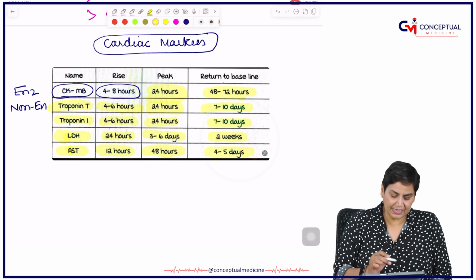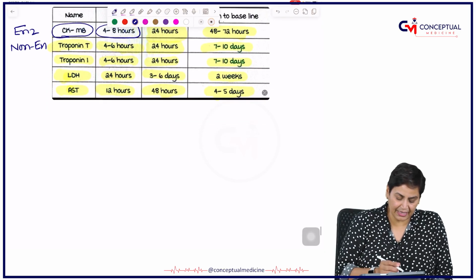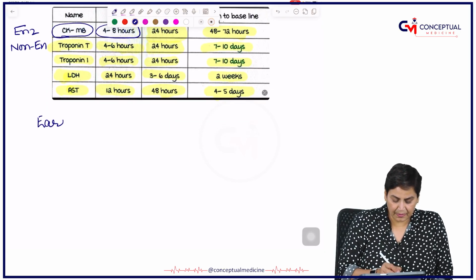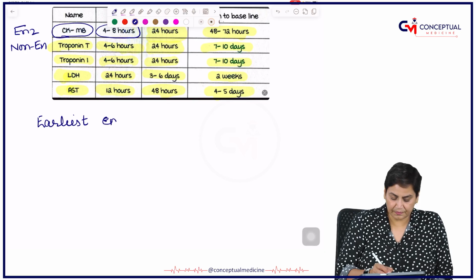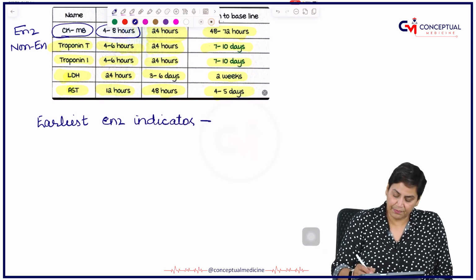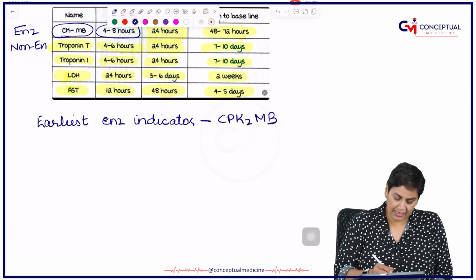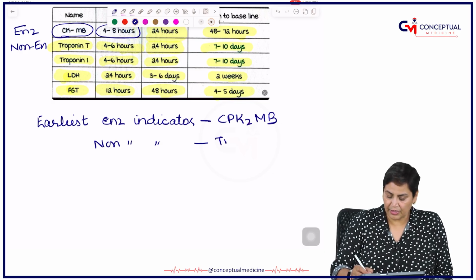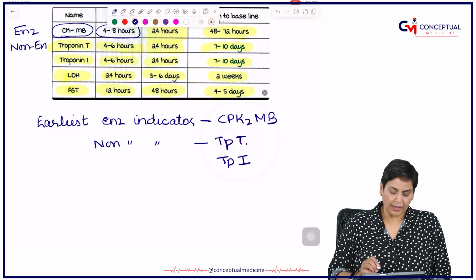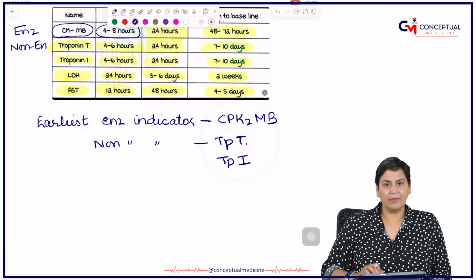So I can simply say that the earliest enzymatic indicator is CPK-MB, very, very important. Non-enzyme indicator is troponin T or troponin I. So these are the cardiac markers.